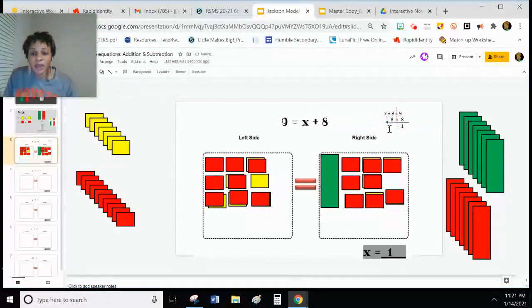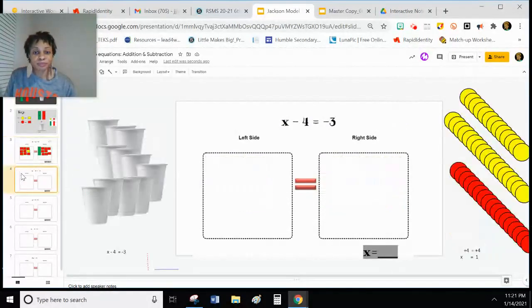You're also going to bring down that equal sign. And then 9 combined with a negative 8 is 1. So X equals 1. This is our numerical work and our model, and we can see that they look alike. Let's try another one.